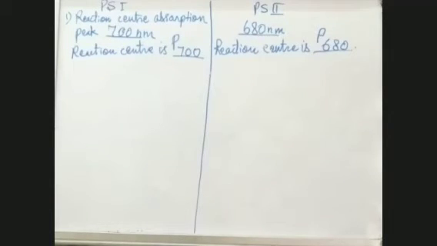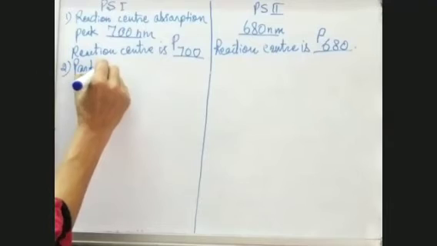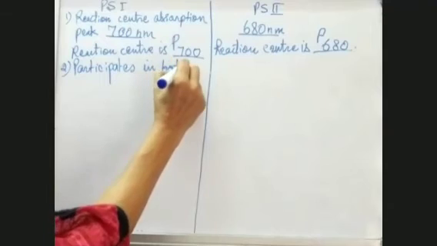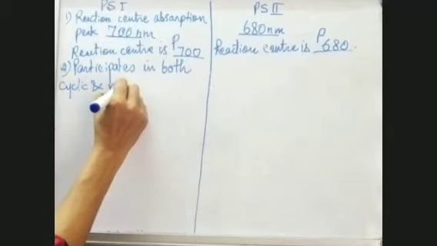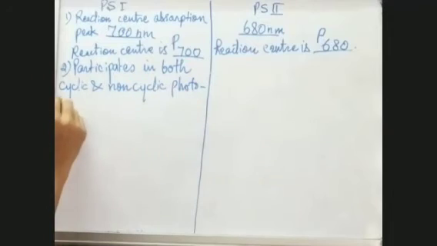Another point of difference. You know, when we did cyclic and non-cyclic photophosphorylation, we saw that PS1 is there in both the types of photophosphorylation. But PS2 is there only in non-cyclic photophosphorylation. So we can write the second point: participates in both cyclic and non-cyclic photophosphorylation.